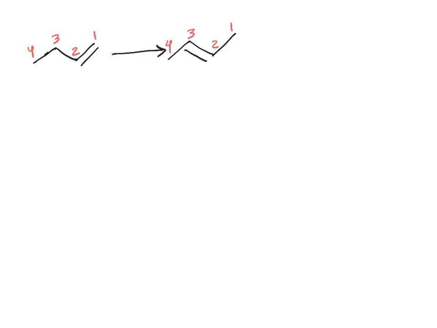So when we are changing the location of the double bond, we need to use a series of addition and elimination reactions. Again, for each addition, we have to decide if it is Markovnikov or anti-Markovnikov addition, and for each elimination, is it Zaitsev or Hofmann.